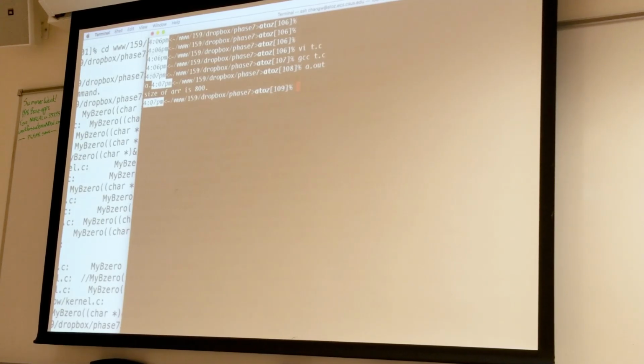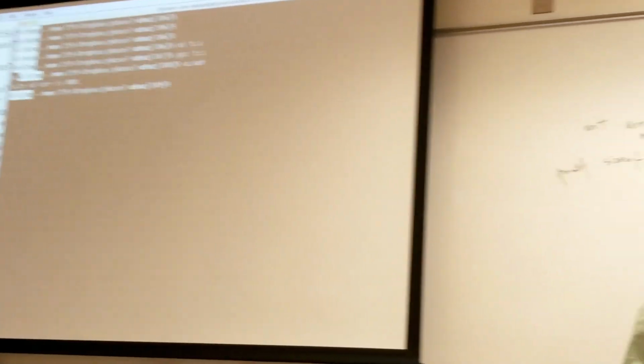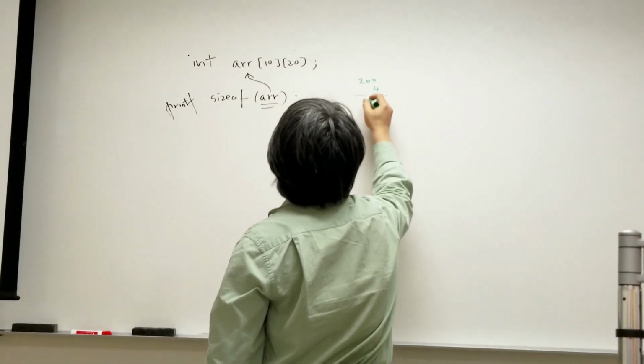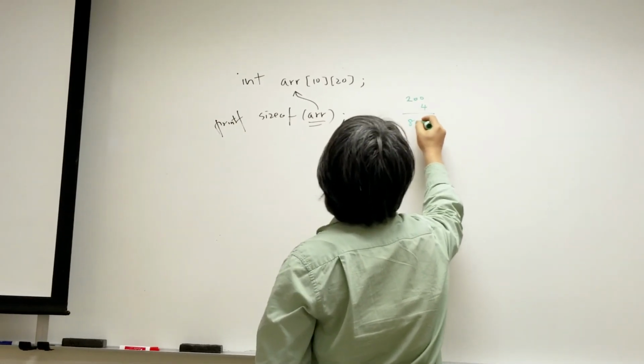800. Wow, that's correct. It's not quite what you expected. It's a 64-bit compiler. So 10 times 20 is 200, times 4 is 800.